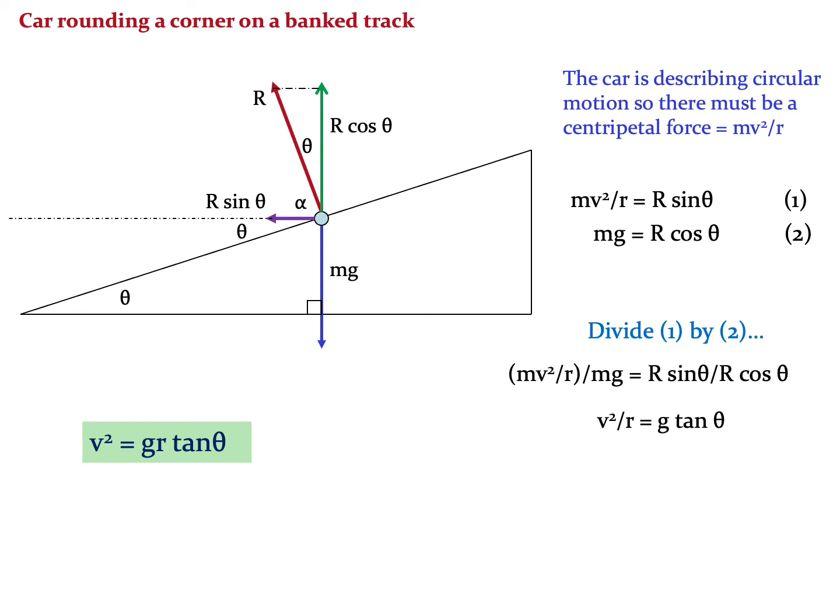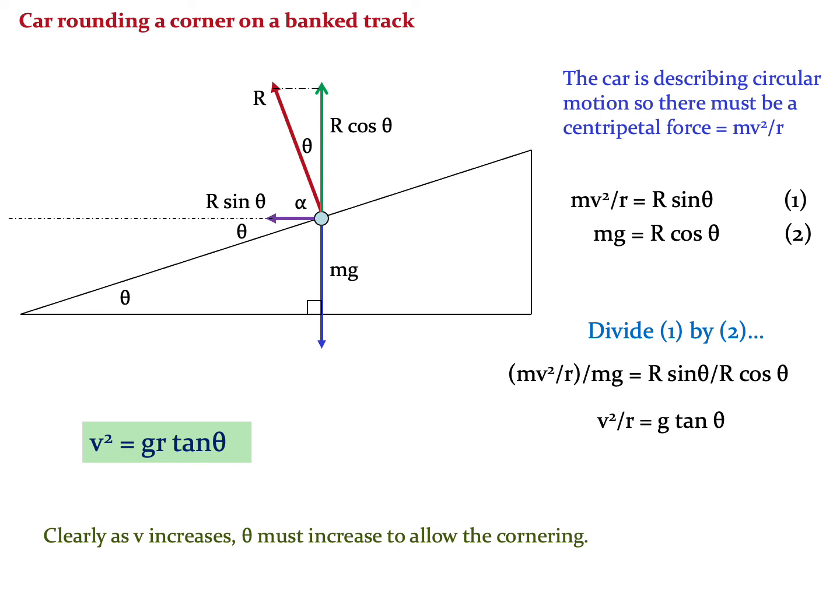So that's the equation which gives us the velocity that must be attained by a car to experience uniform circular motion when it's going around a banked track, radius r, angle theta. Look at that equation. Notice that if the car goes faster, i.e. v increases, then theta must increase to allow the cornering.